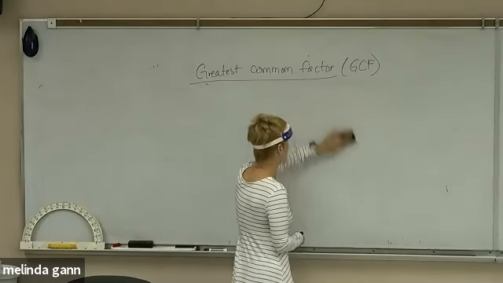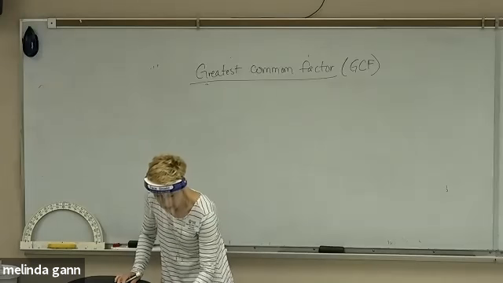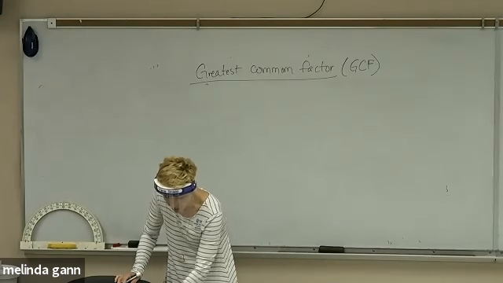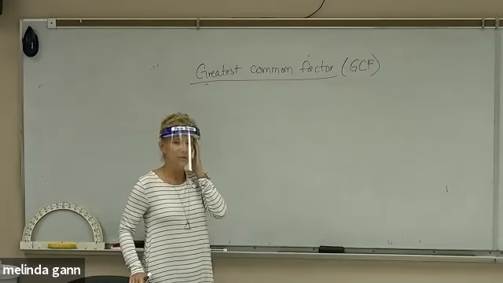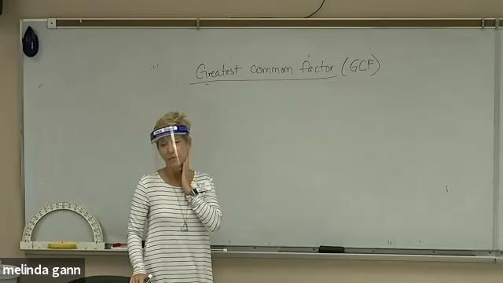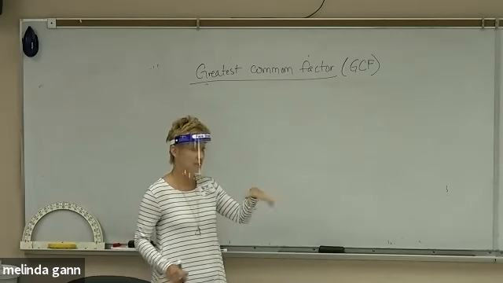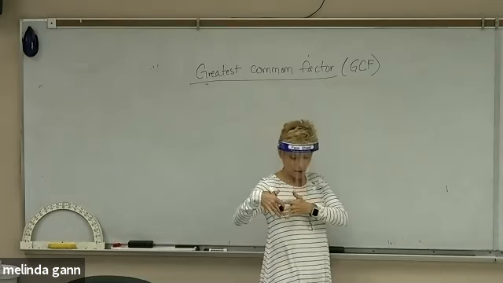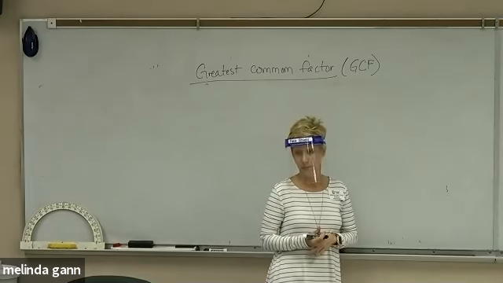Now, we're going to talk about different ways of doing this. All right? And you've got to know how to do all 3 of these ways for a test. Now, remember I'm going to start with what I think is the most concrete and then move to the most abstract. So every time we're teaching something, that's what we need to do. We need to go from the most concrete and then move to the most abstract. Okay?